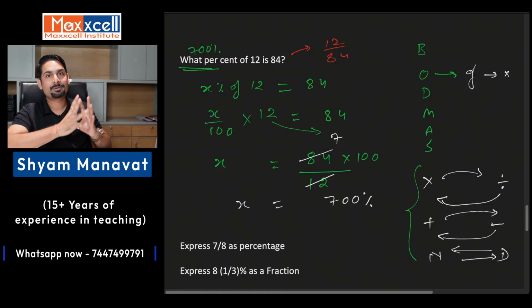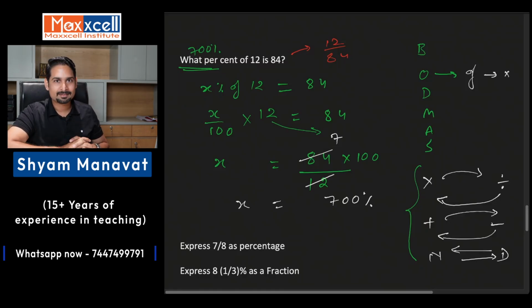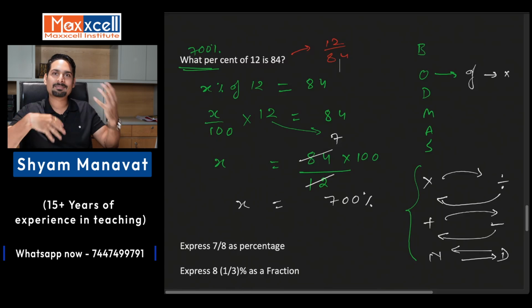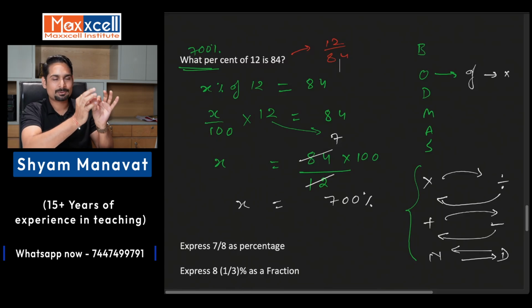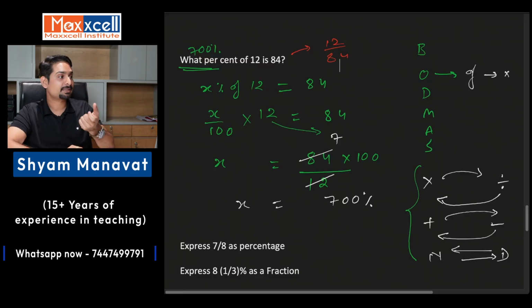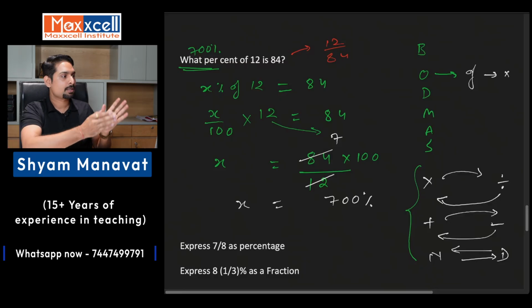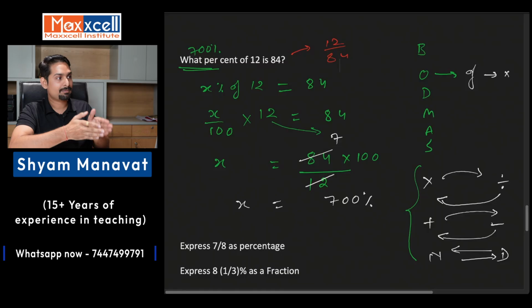That's the beauty of maths, it makes maths easy. You don't have to assume things, just go as per whatever the question says. What percent of 12 is 84? Convert that into a mathematical expression: X percent of 12 is equal to 84.